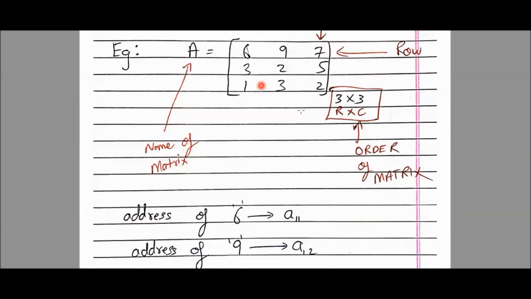Now, in the above matrix, I have an element 6. Now, if I want to reach this element 6, I want to give the address to one of my friends. Hey dude, go to 6. He will ask me, sir, give me the address. So what is the address for reaching this 6? Please see the cursor carefully, all of you. I'm highlighting it.